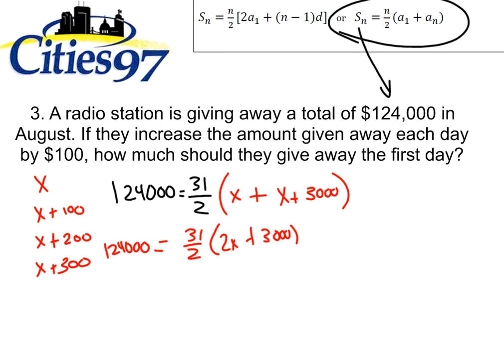A little algebra here says that this is going to be 31x plus 4,650. That's going to equal 124,000.